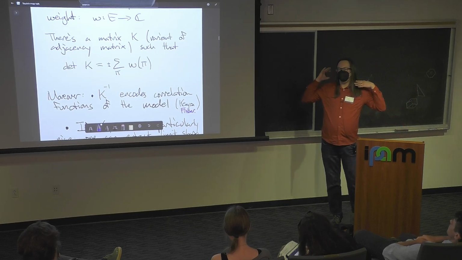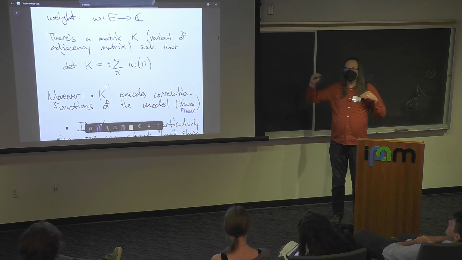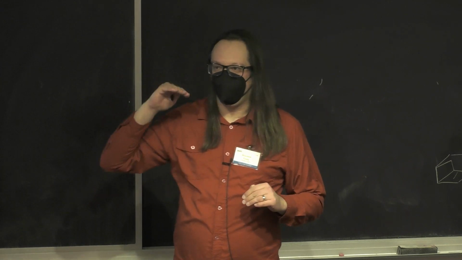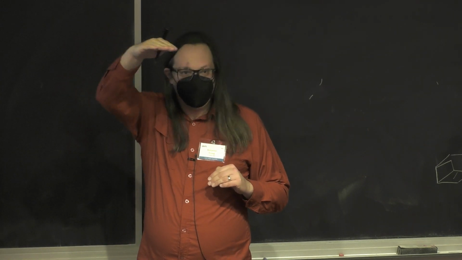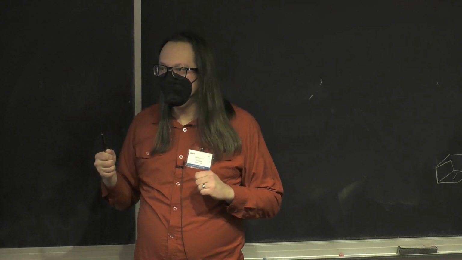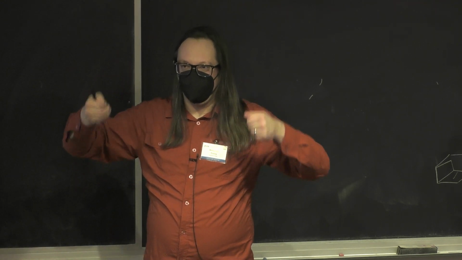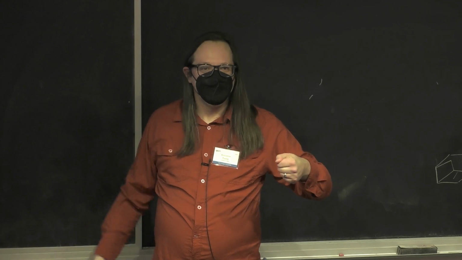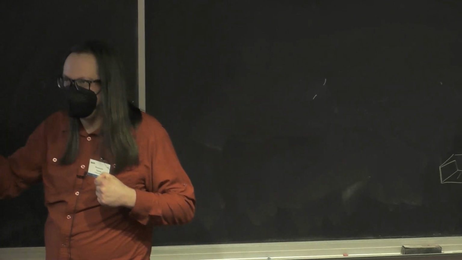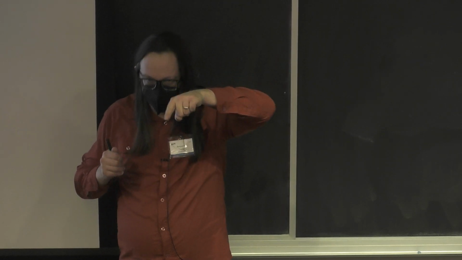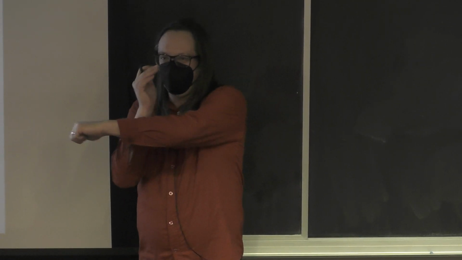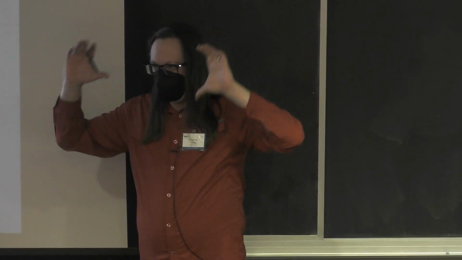Maybe an easy way to say it: if you were just interested in one-point functions, like the probability that a certain edge is present in a randomly chosen perfect matching, this is given to you by Cramer's rule for the inverse. Cramer's rule says that to take the inverse of a matrix, you strike out the corresponding row and column and divide by the determinant.